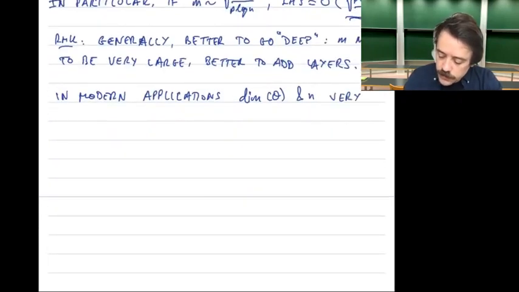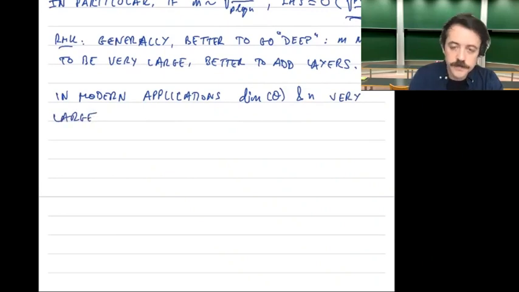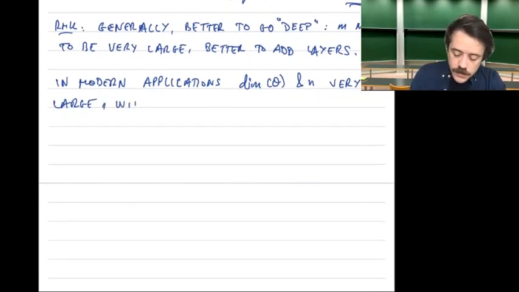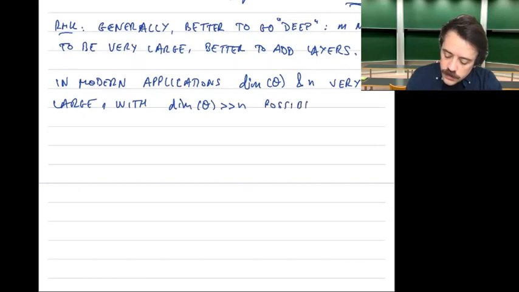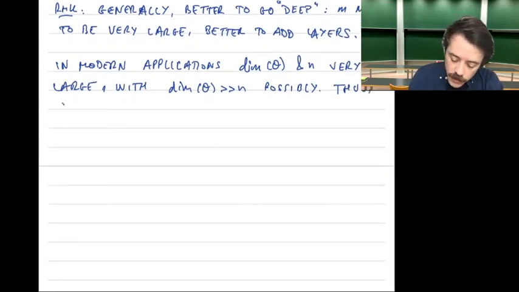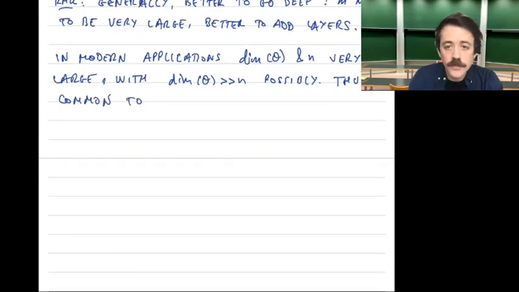So generally speaking, actually, the dimension of this guy can be much greater than the number of data points, not necessarily, but it can be. And even if it's not, the following is good to be done. So thus, it is common to use some regularization procedures. In this case, what we can do is to show a way of regularization.